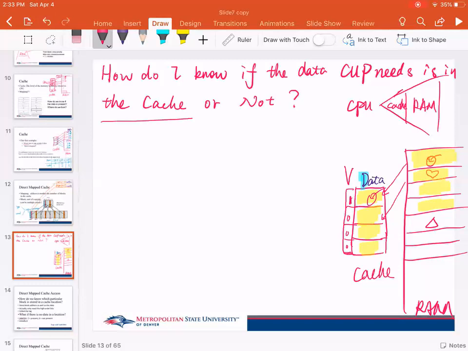Remember that the original application looked like this. The CPU wants to read a piece of data, and the CPU doesn't actually know how that piece of data looks. So it doesn't know if that is an apple or a heart. The CPU only knows the address of the data. So instead of reading an apple, the CPU actually reads the data from address number 0.